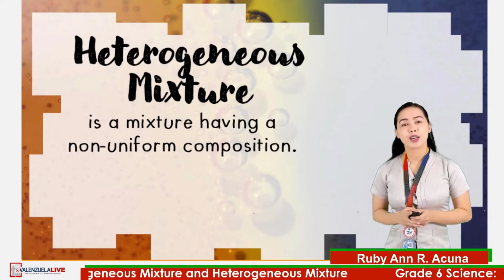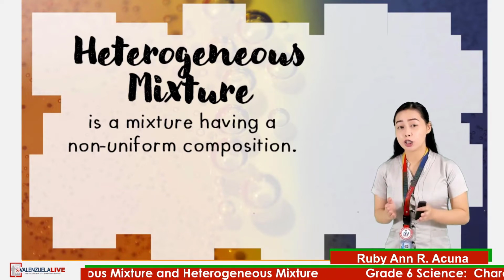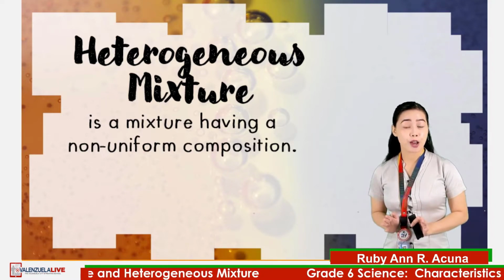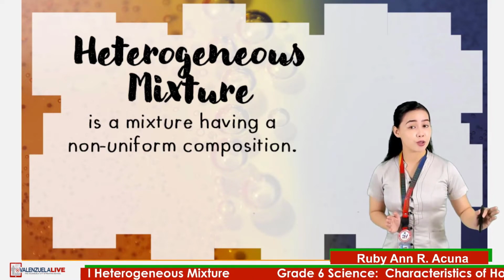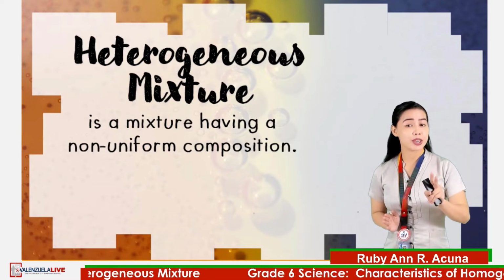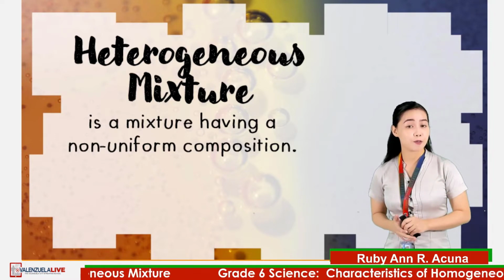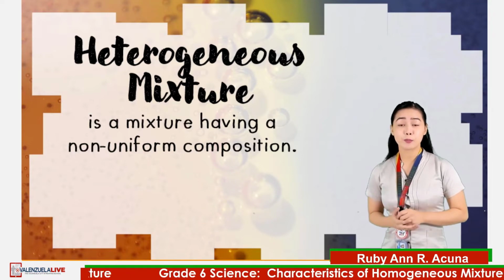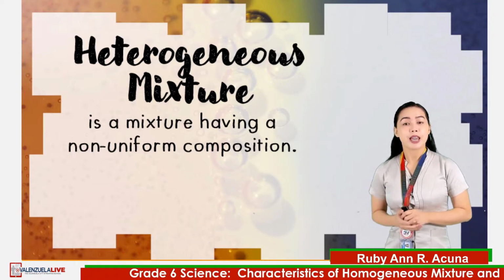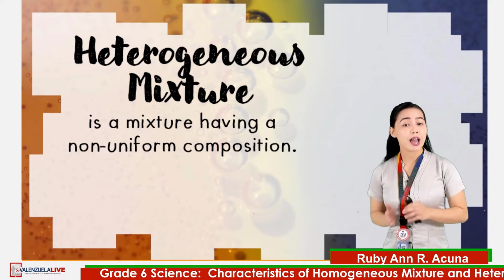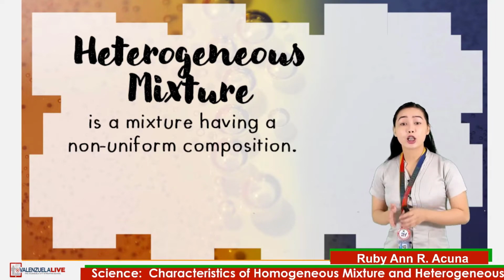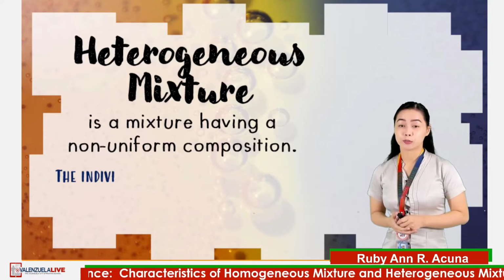Heterogeneous mixture is a mixture having a non-uniform composition. The composition varies from one region to another with at least 2 phases that remain separate from each other, with clearly identifiable properties. It is a mixture that does not have a uniform composition and does not blend throughout.